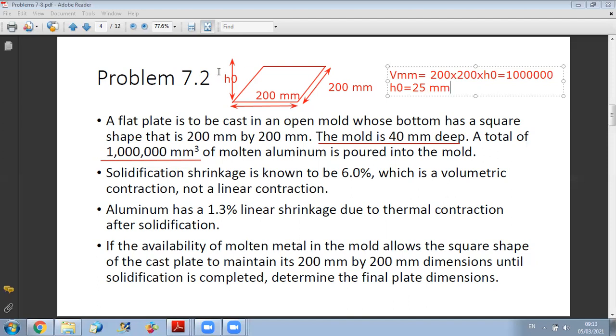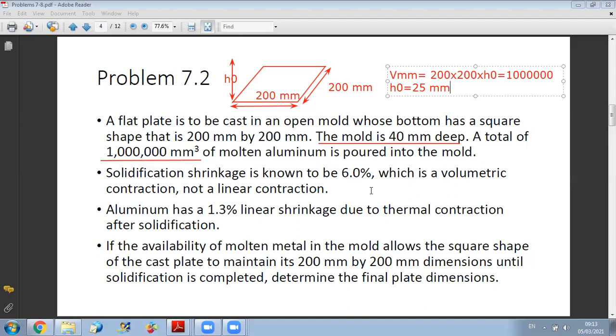Now we have two phases of shrinkage. The first phase, before complete solidification, is 6%. Now it's very important here to notice something. We talk about two types of shrinkage: volumetric contraction and linear contraction. When they say it's a volumetric contraction, this means that it represents the reduction in volume.